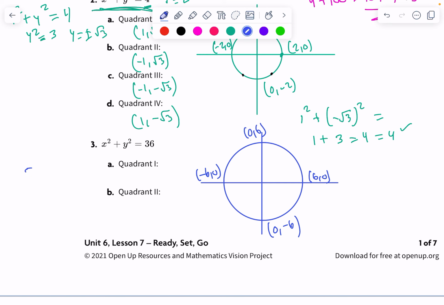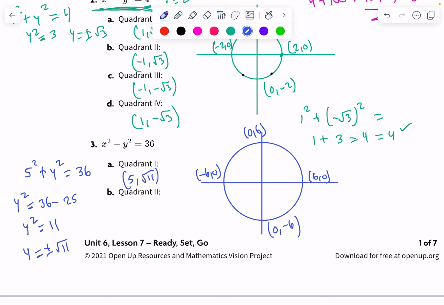So I want to have 5 squared plus y squared is equal to 36, right? So then solving for y squared is 36 minus 25. So y squared is equal to 11. That didn't work out as nice as I thought. And then y was equal to plus and minus square root of 11, right? In quadrant 1, though, I have 5, and I have to have positive square root 11.